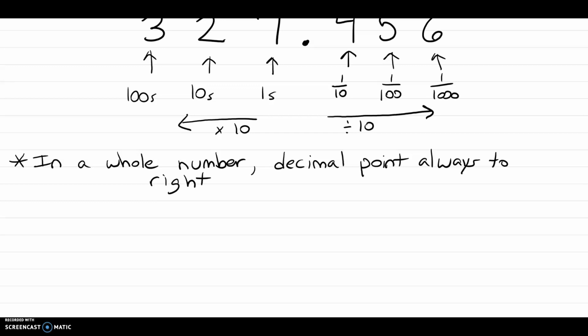So for example, let's say I gave you 25. To write 25 with a decimal point, you put 25 and then go furthest to the right and put the decimal point after that 5. So it's always after the ones place.